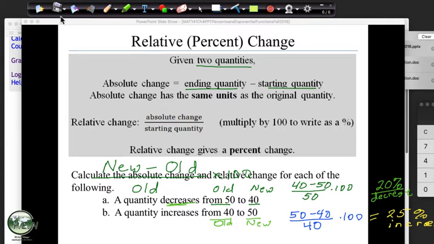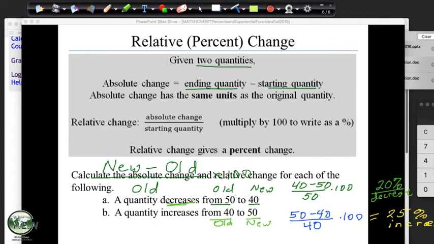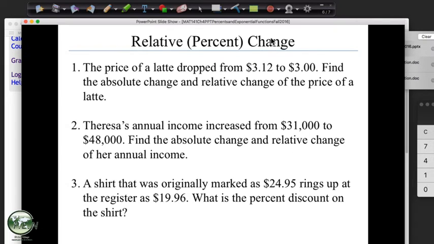Okay. So far, so good? Oops, no, we want to go this way. There we go. And then let's see if they work through it for us. They don't, so it's a good thing we did this.